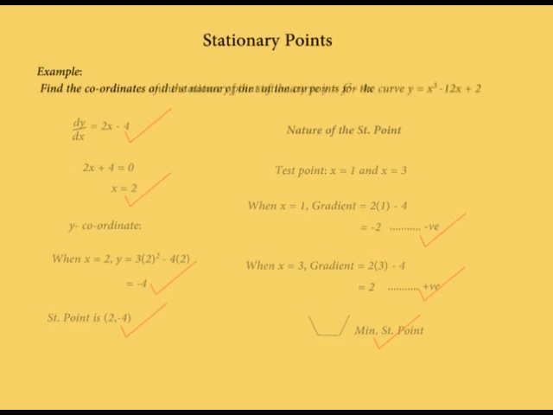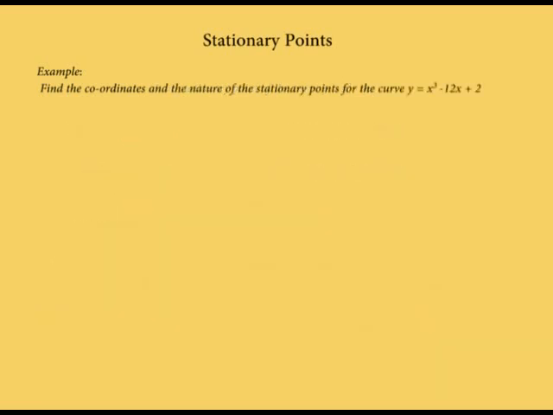Another example, find the coordinates and the nature of the stationary points for the curve y is equal to x cubed minus 12x plus 2. We get the gradient function and equate it to 0. dy over dx is equal to 3x squared minus 12.